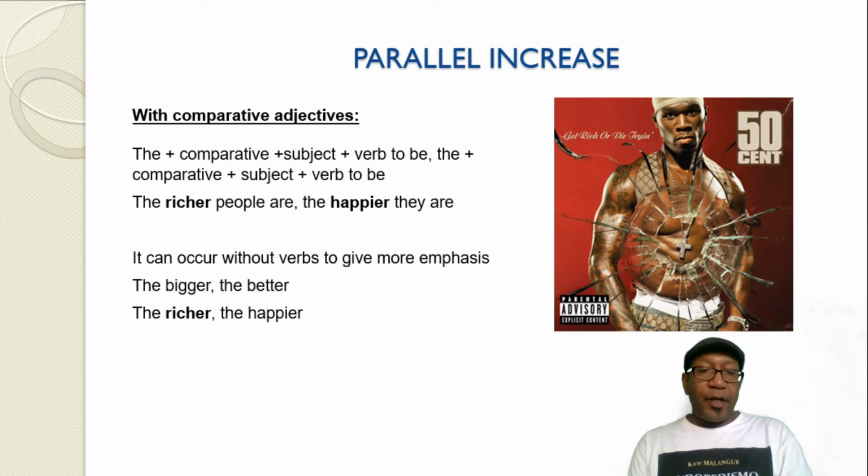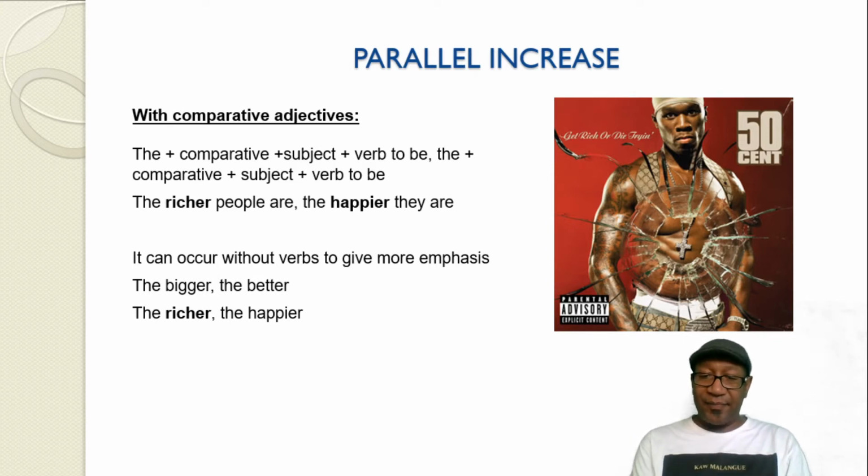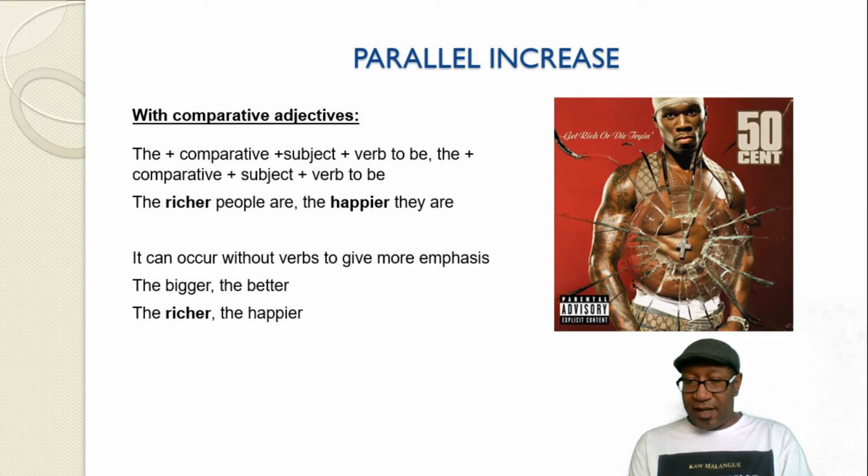As an example here: the richer people are, the happier they are. And here we have a picture of 50 Cent with the cover of a record, Get Rich or Die Trying. So I guess he agrees with this connection between richness and happiness.